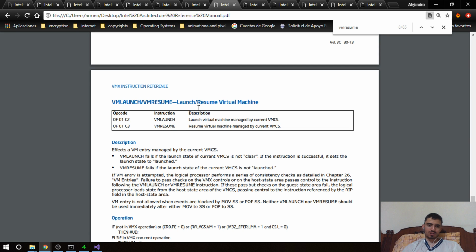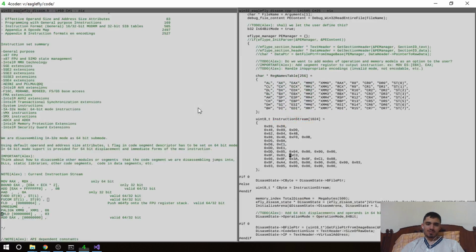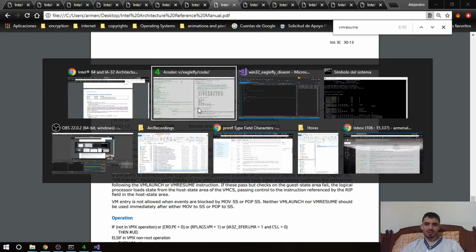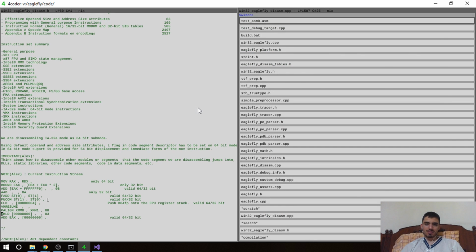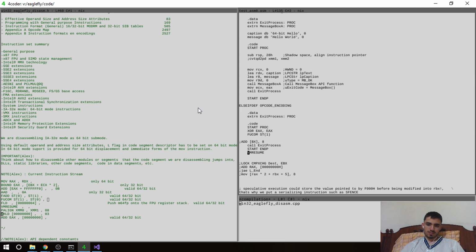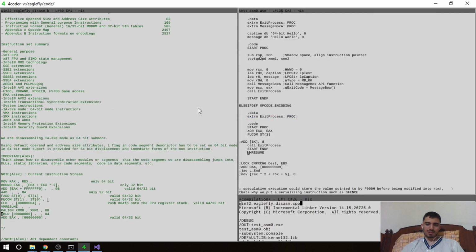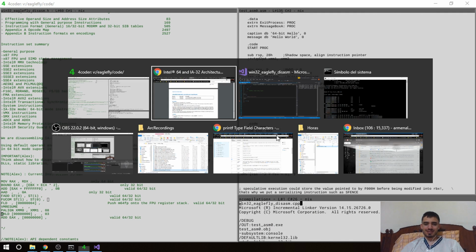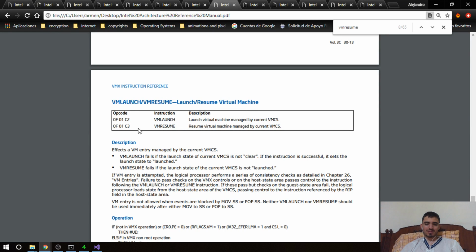If I put VMRESUME here, it's just like saying, test and VMRESUME. It was possible. That means 64-bit mode doesn't have any problem. Of course, it's not going to do anything. Probably it's just going to crash because we haven't even launched it. So probably that's the problem.